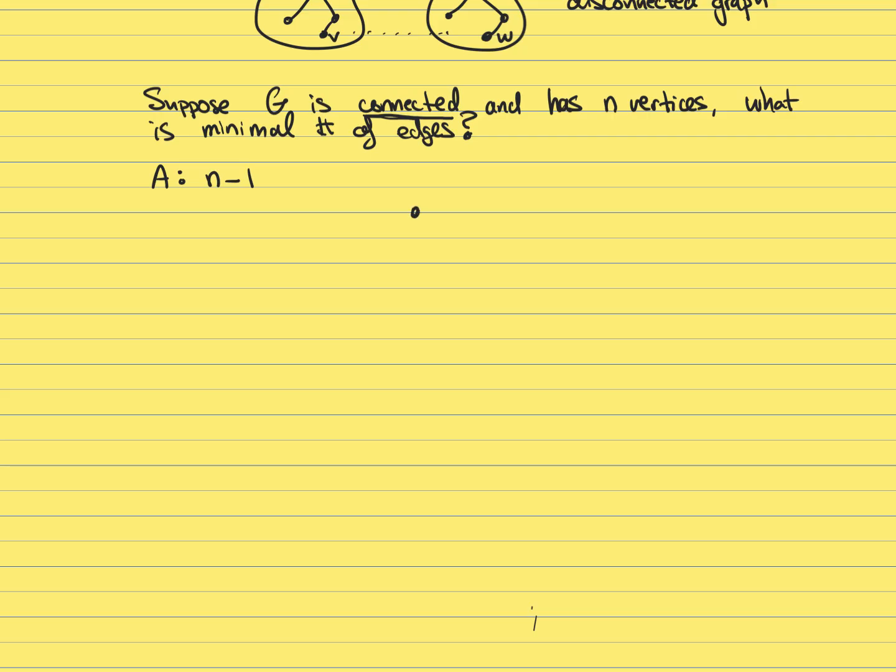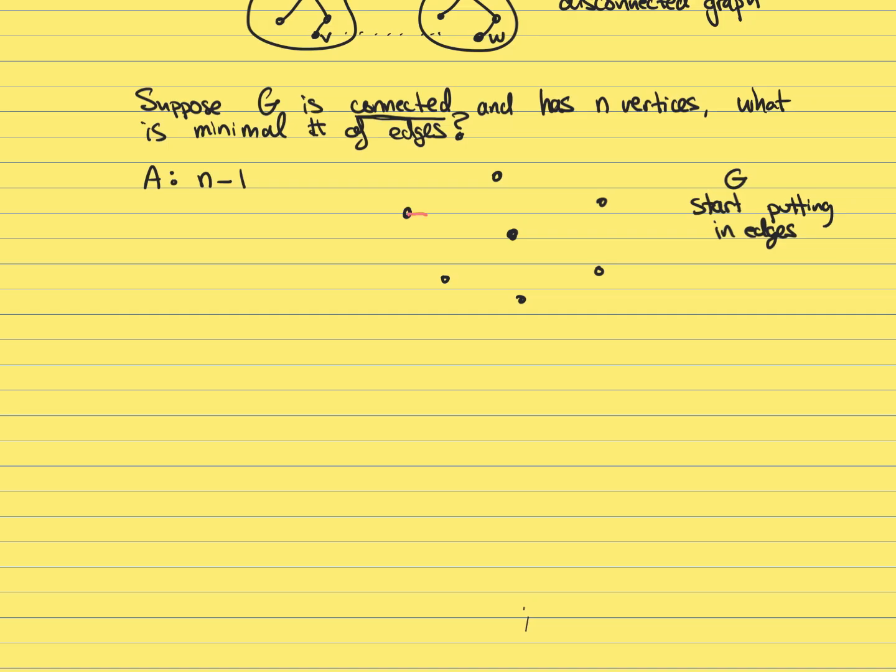If I take a graph with n vertices, imagine I just start off with the vertices without knowing what edges are connected. And now you start putting in the edges. So you start off with n components, so n different vertex dots.